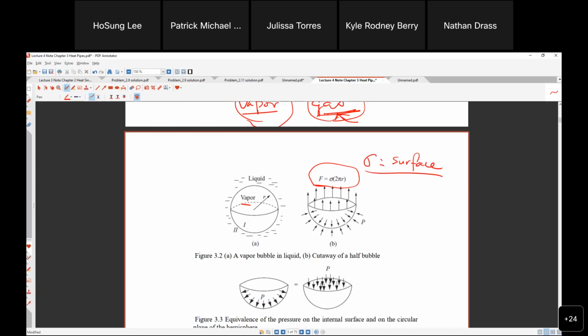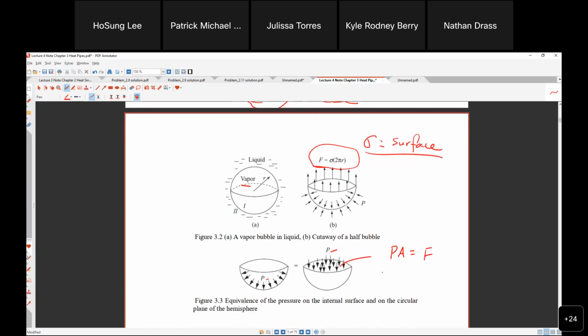According to geometry, the pressure on the surface of the hemisphere, this P, should be the same. So this is easy. We can calculate the pressure and area. That is the force. So this force and this tension must be the same.